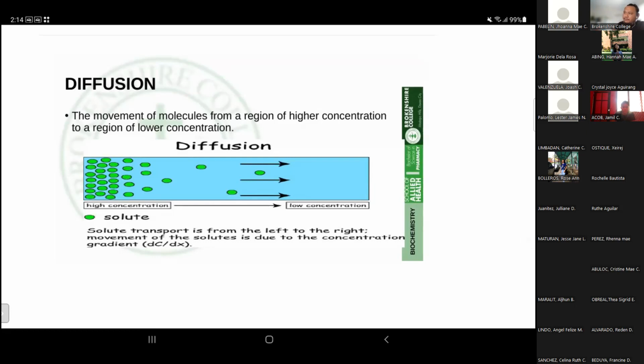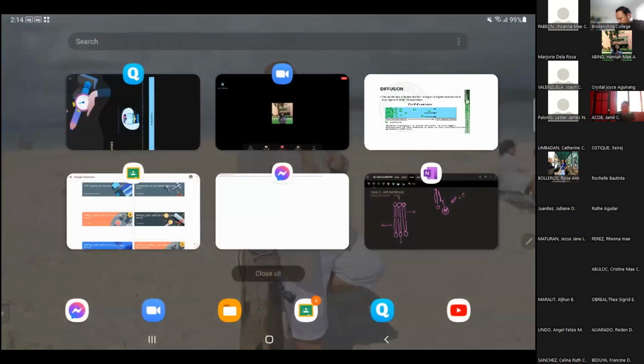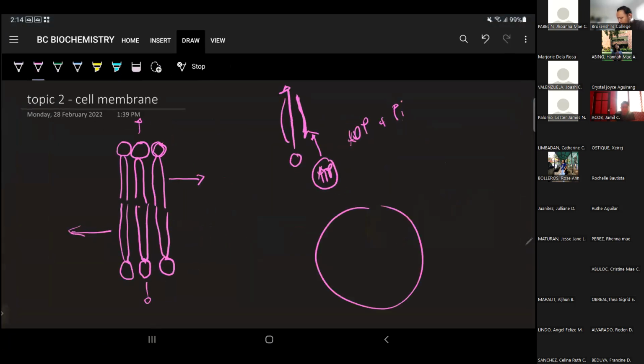For example, if this is your plate, you make a hole here. You place a solution of dye, and this area here is agar. We check how the dye will diffuse towards the gel or agar.